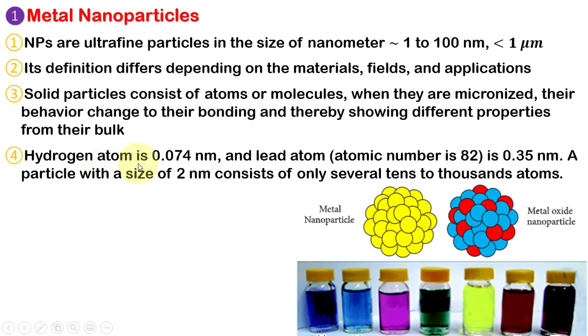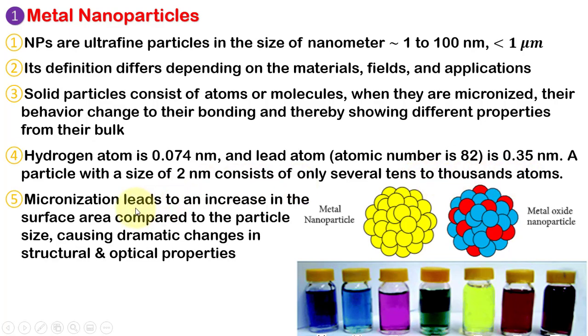The diameter of the smallest hydrogen atom is 0.074 nanometer, and that of the relatively large lead atom, having atomic number 82, is 0.35 nanometer. From these sizes, it is estimated that the particle with a size of 2 nanometer consists of only several tens to thousands of atoms.